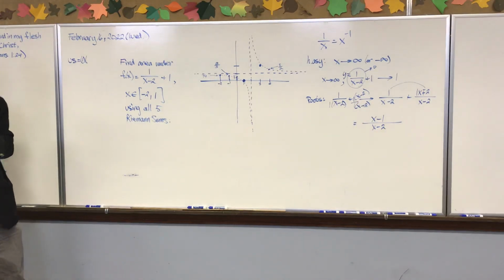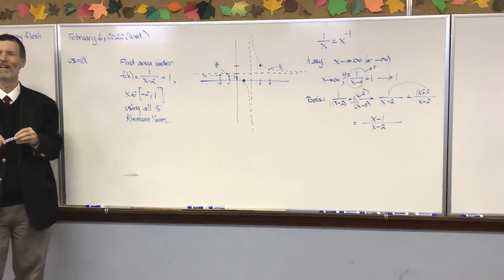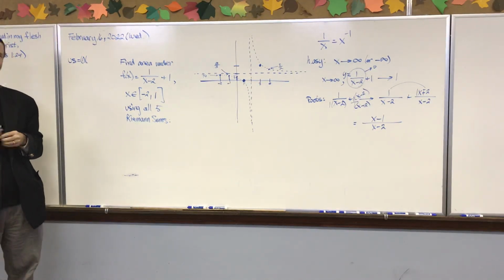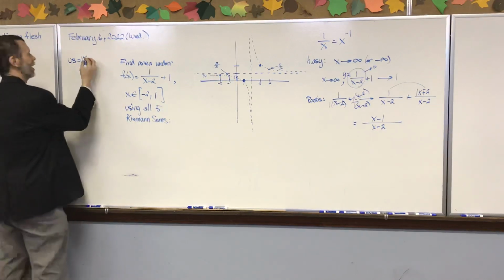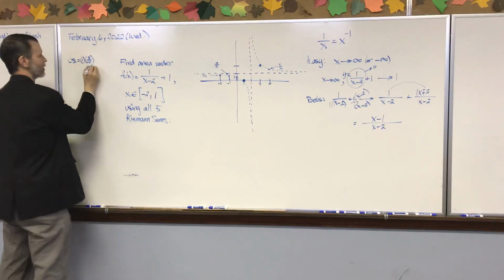You have 2 sides, 2/3 and 3/4. Which one did you use? 3/4, because it's the taller one. Upper sum uses the higher height. 1 times 3/4. Now that's the first slice.